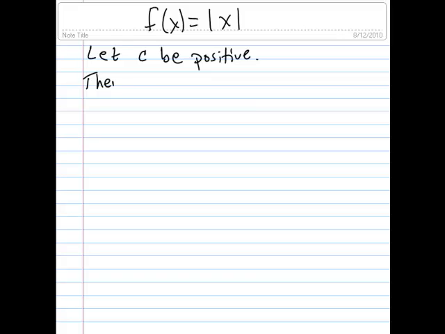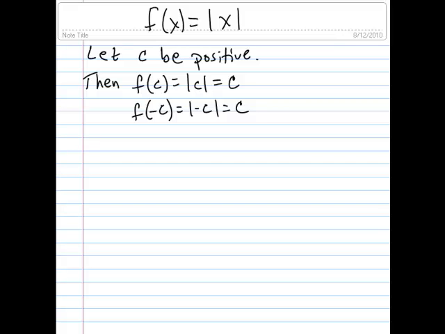Then f of c equals the absolute value of c, which equals c, since c is positive, and f of negative c equals the absolute value of negative c, which equals c. Since c was positive, the absolute value of a negative c is the positive number c.